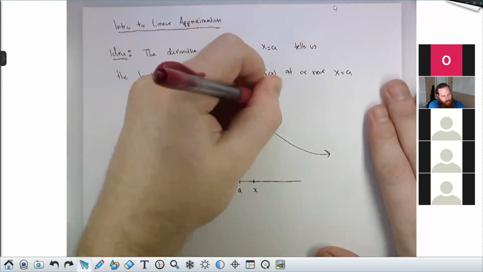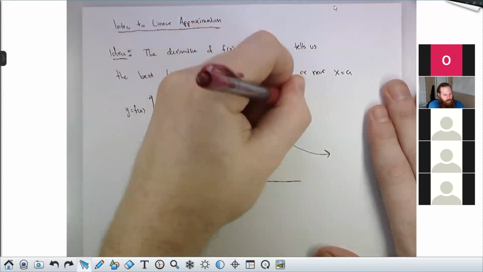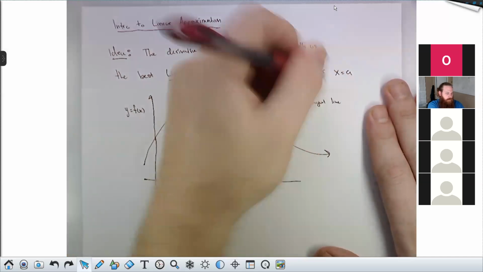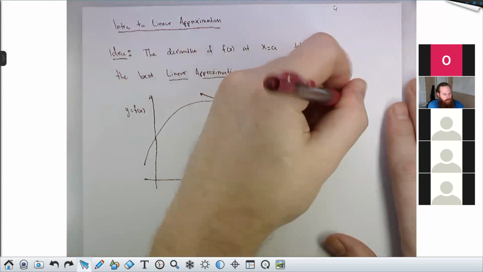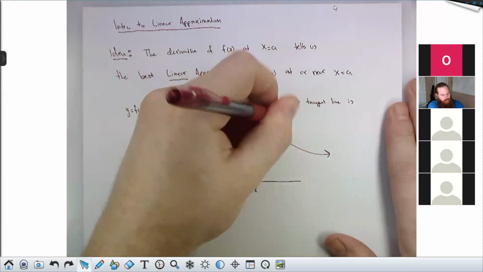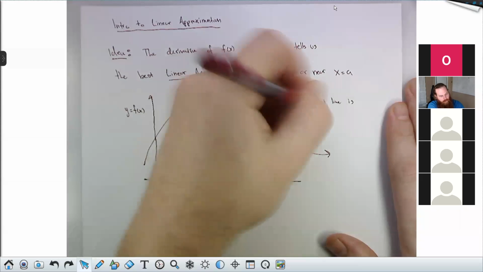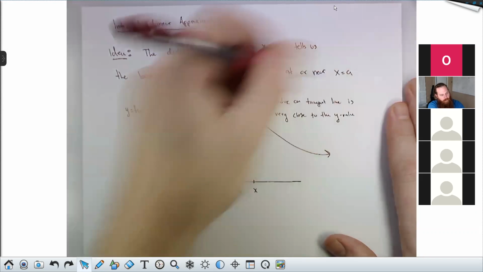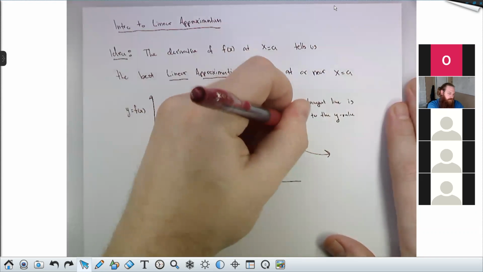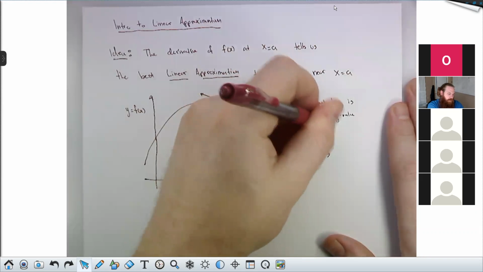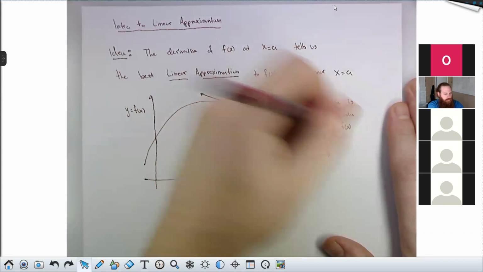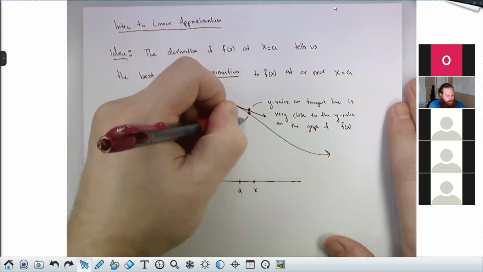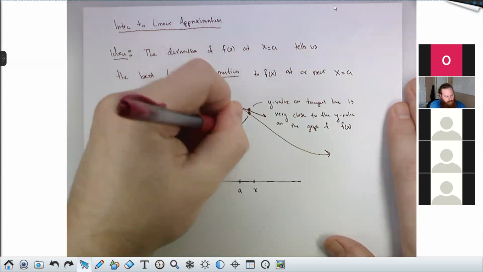So the y value on the tangent line is very, very close to the y value on the graph of f of x. All right, here's the y value on the graph of f of x.